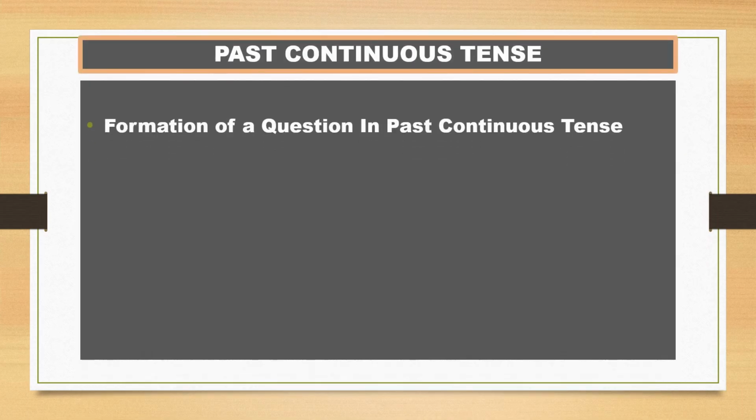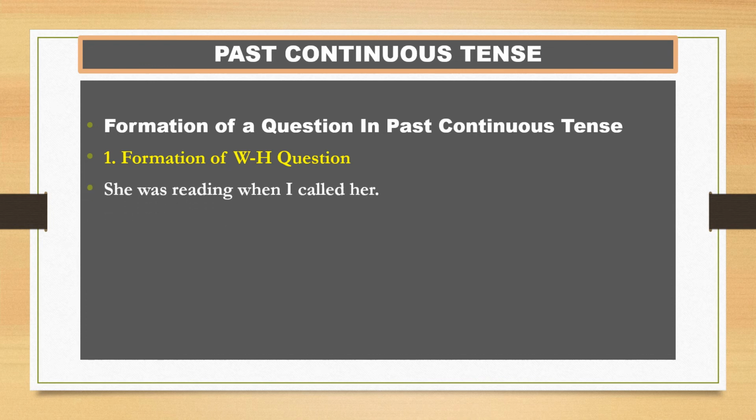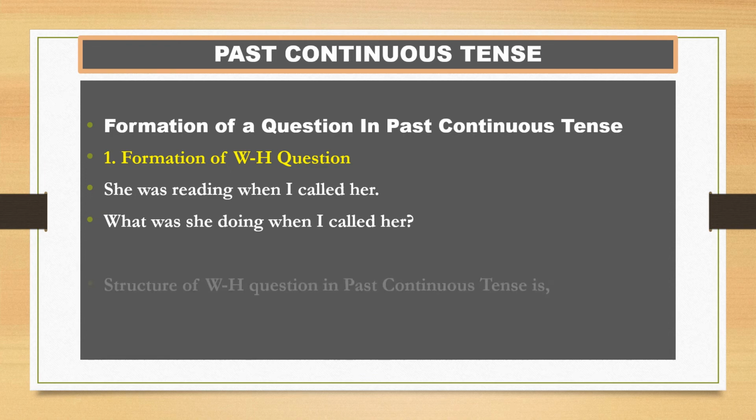Now let's learn the formation of a question in past continuous tense. So first, the formation of WH question. See the example. She was reading when I called her. So the question is, what was she doing when I called her?